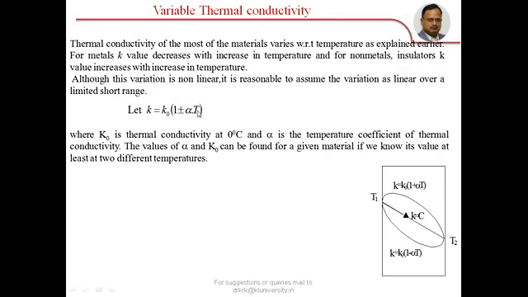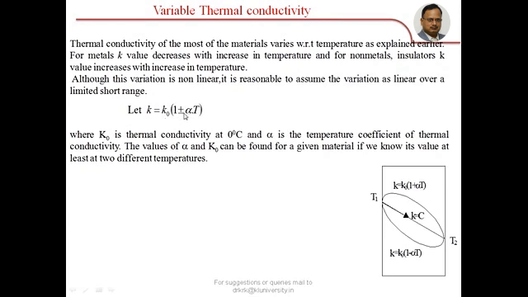So at 0 degrees centigrade, this term becomes 0 and you will get K equal to K naught. And for other temperatures, you substitute and you will get the value of K. In this equation, K equal to K naught into 1 plus or minus alpha T, alpha is one unknown and of course K naught is another unknown.